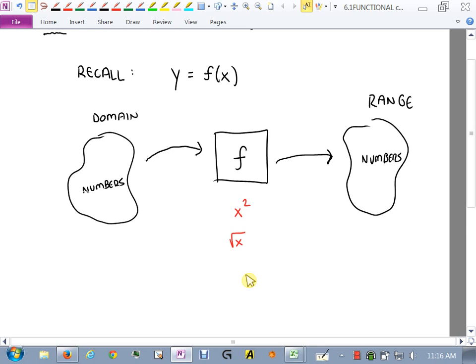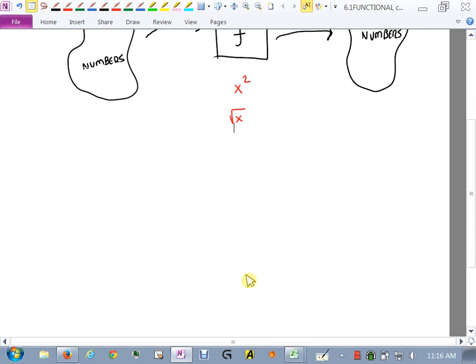So today, what we're going to do is talk about a fifth operation on functions, something we haven't discussed yet. So I'm still making you recall this. Do you remember that if you were given two functions, f and g, we define these things?